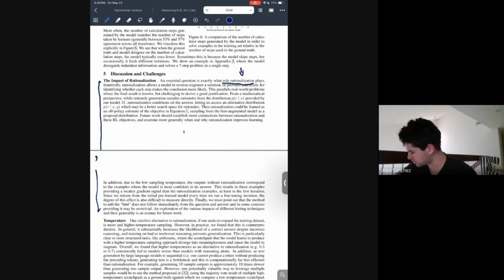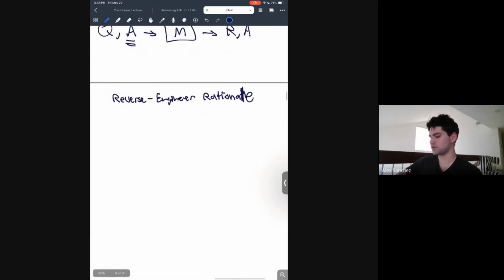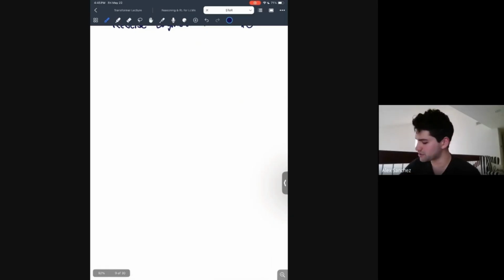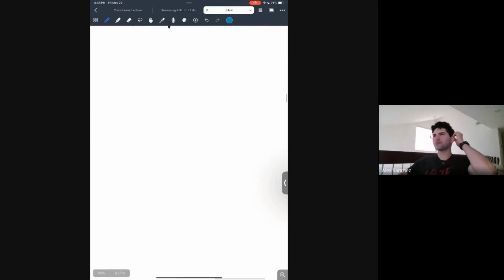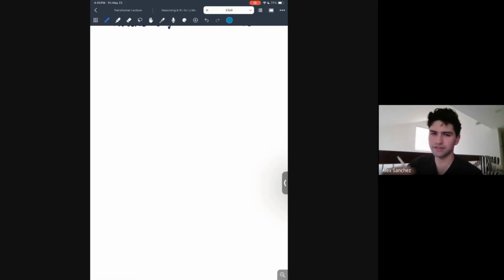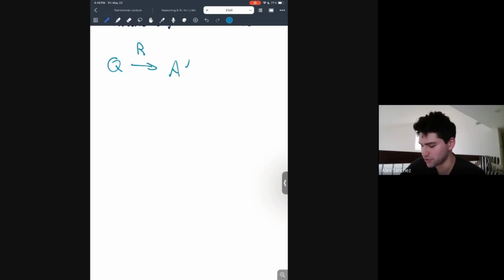Now, another assumption made in this paper that doesn't quite stand the test of time, or kind of jumps to a conclusion, is the fundamental idea that given a question and assuming that the answer is correct, that means that whatever the reasoning was is correct reasoning.